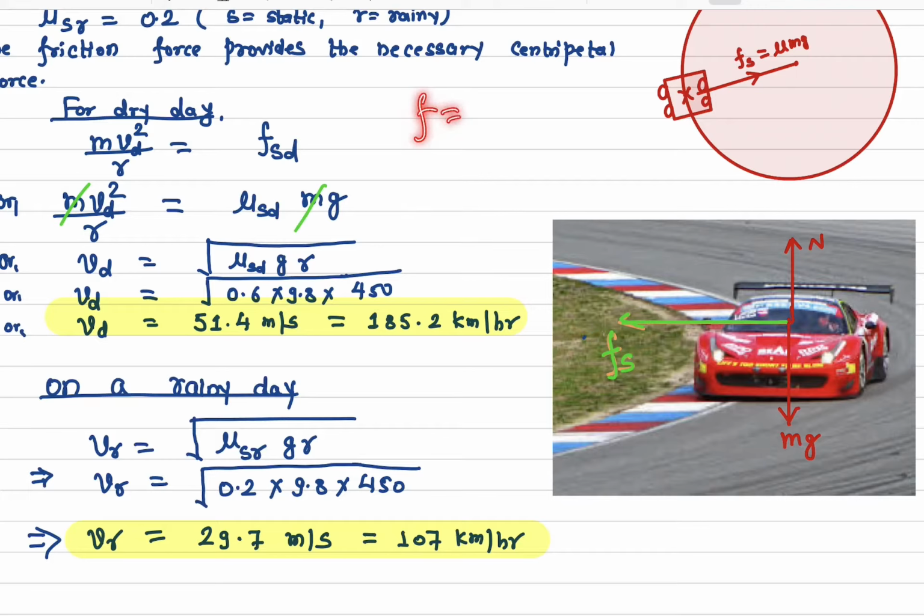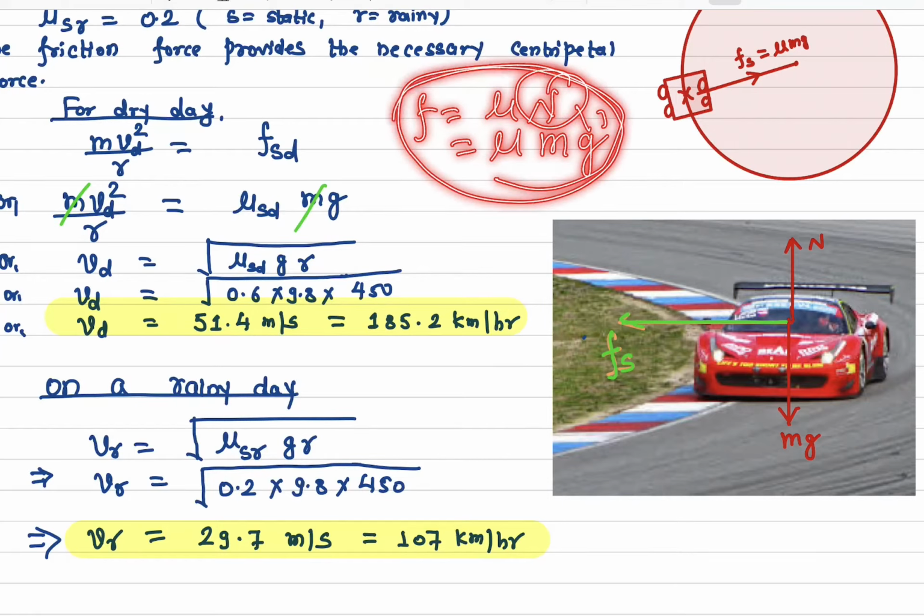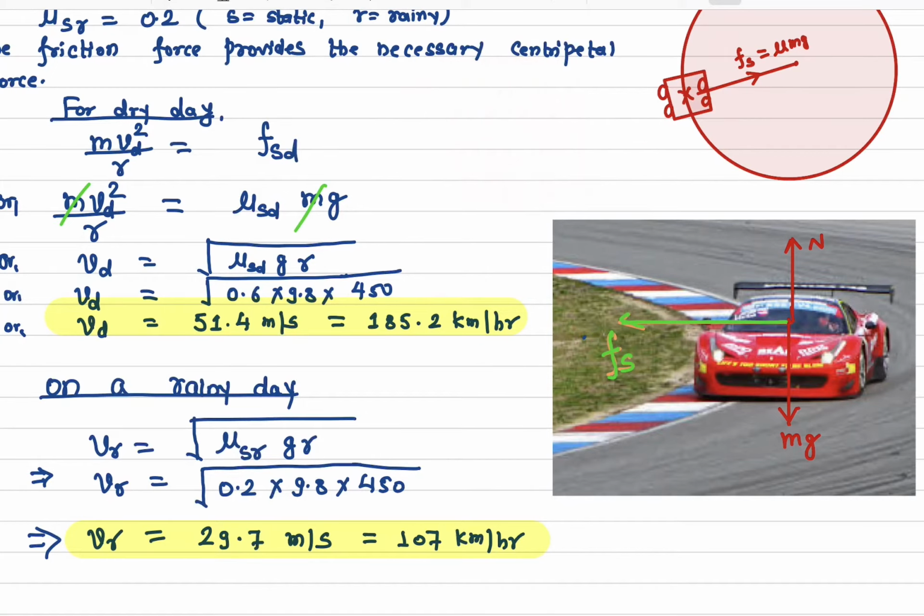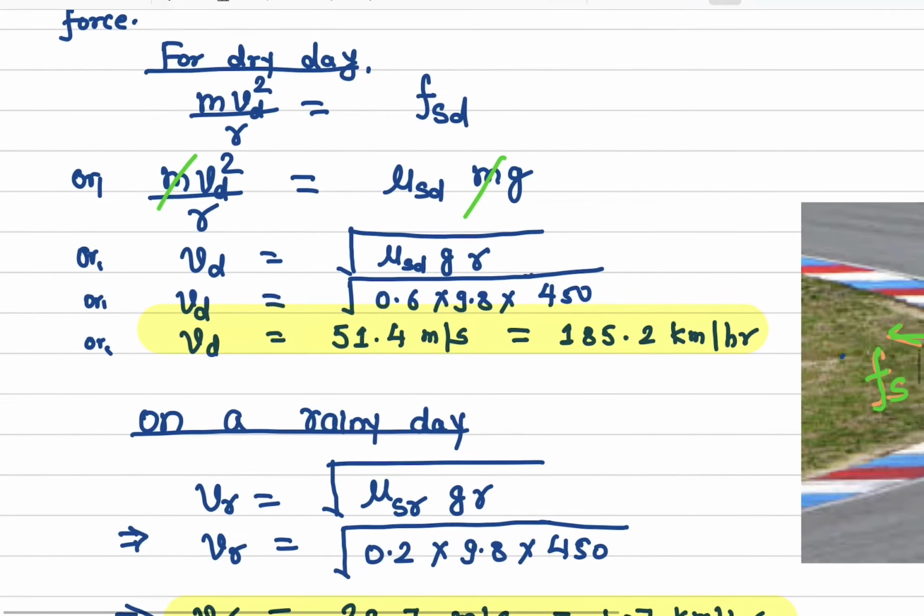As I mentioned, the frictional force is given by mu times N, and in this case N is equal to m g. This mass and this mass cancel out. Now we can solve for the speed, and v d is the square root of mu s g r.